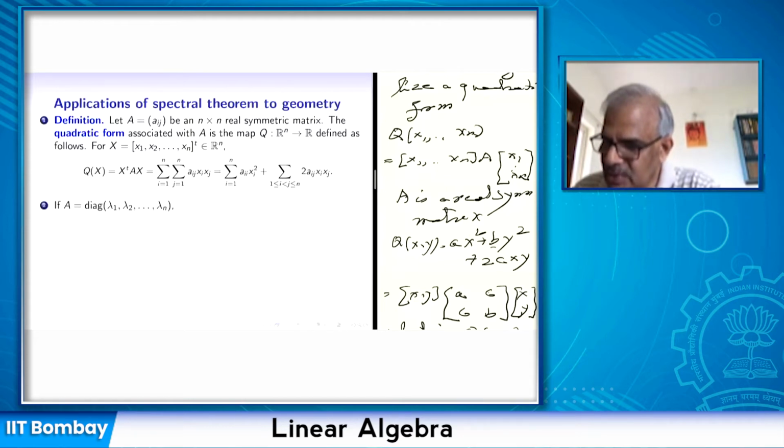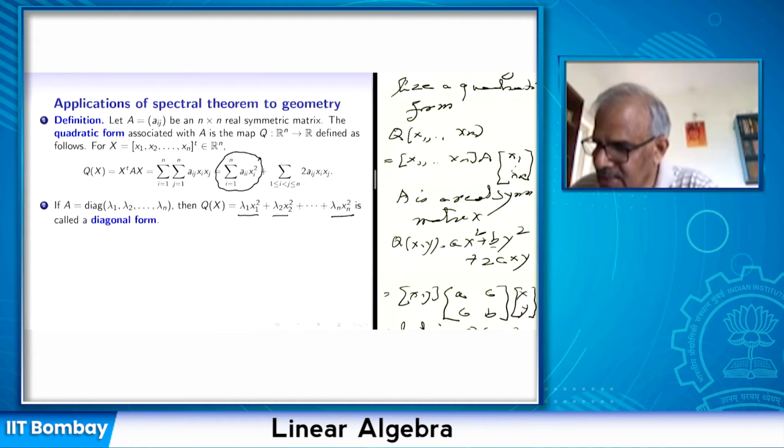Suppose A is in particular a diagonal matrix, a very simple diagonal matrix. A diagonal matrix is symmetric. So in that case, there are no off diagonal entries, and so the mixed terms become 0. Then Q(x) is simply λ1 x1² + λ2 x2² + ... + λn xn², because we are only dealing with these terms, and all the a_ii are λ_i.